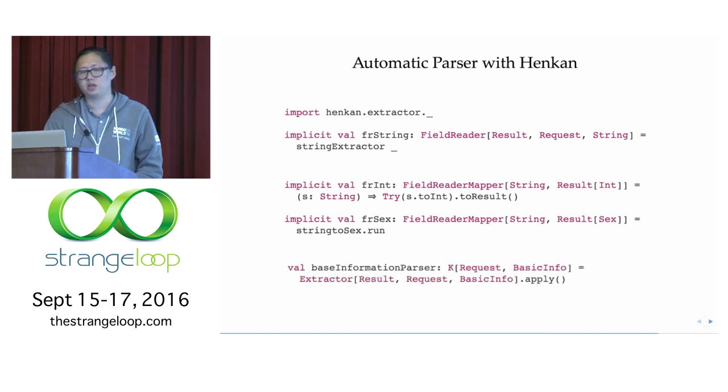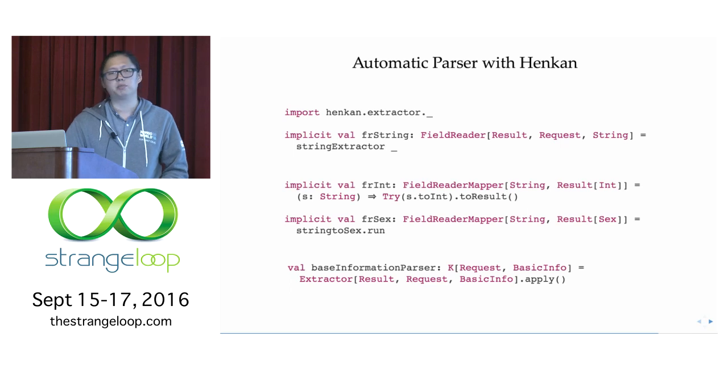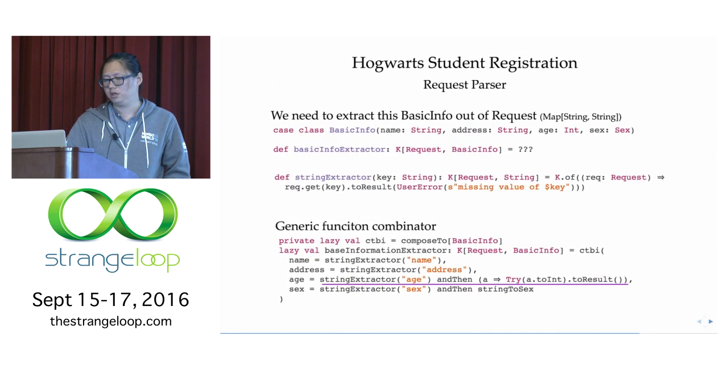You can use Hankin.extractor to automatically compose an extractor from request to result of basic information. So it's a K of request to basic information. Again, the K is just a function from request to a result of basic information. You just call this, and it automatically composes that for you. So you don't have to manually write name equals to what, address equals to what.